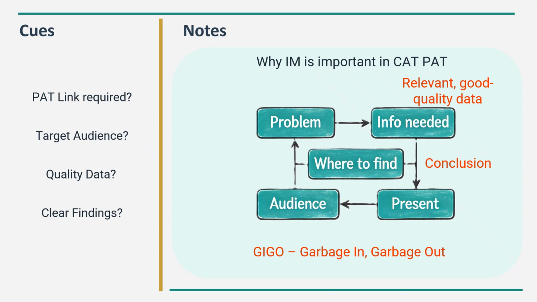Third, it helps you present your findings in a way that your target audience can understand. Finally, it shows that you can think systematically and work professionally. Without IM, your PAT becomes messy and unconvincing. With IM, it's focused and powerful.